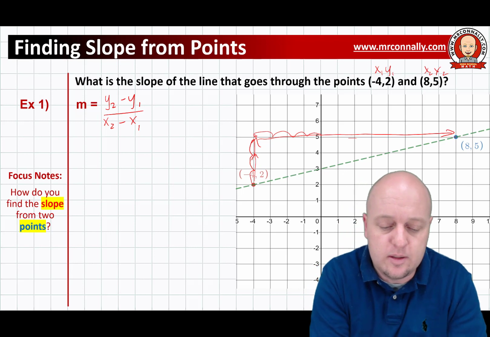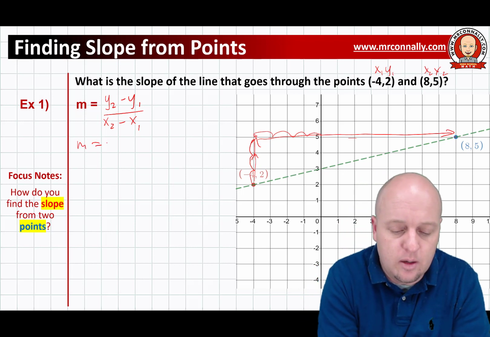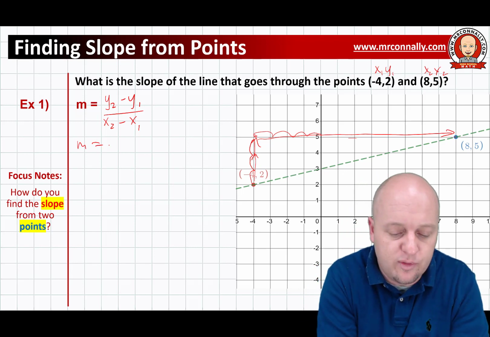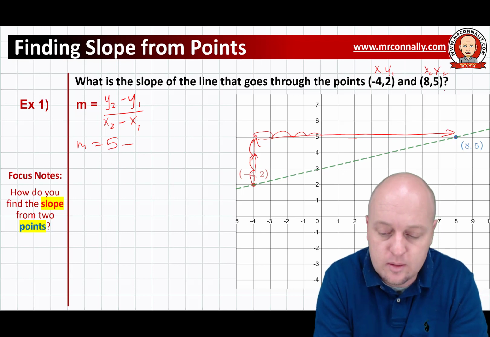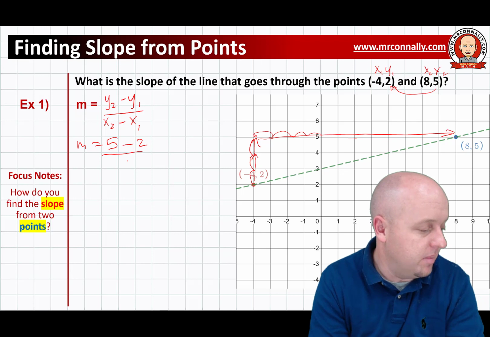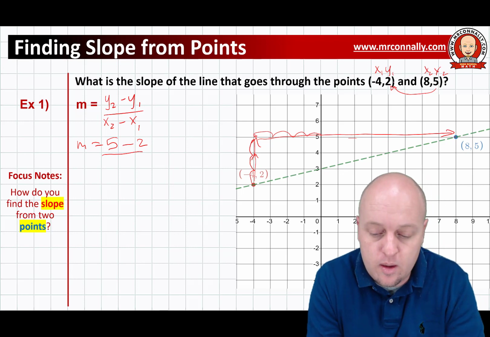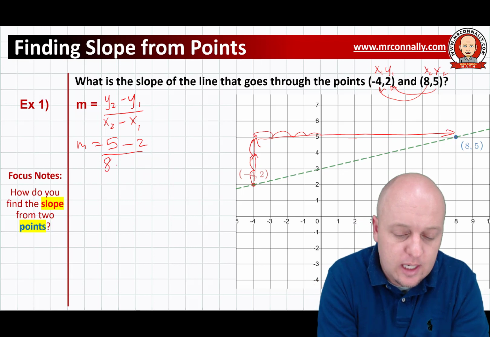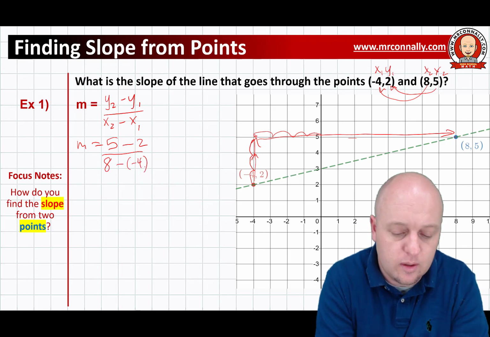Okay, so I'm going to do this by doing m equals y2, which I said was 5, minus 2, and I'm going to divide that by 8 minus negative 4.